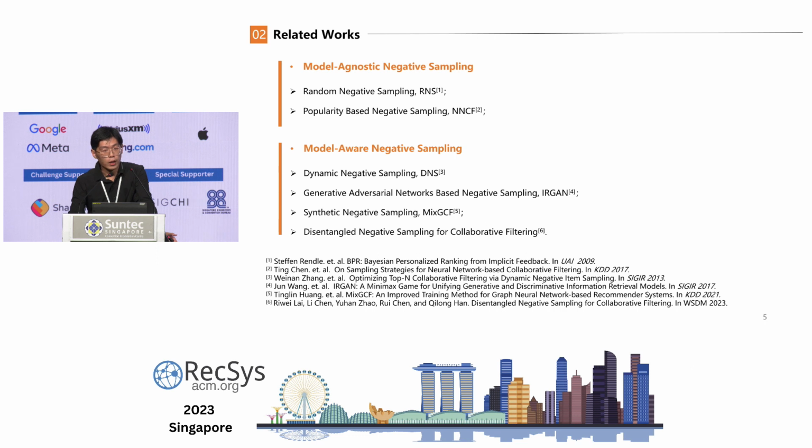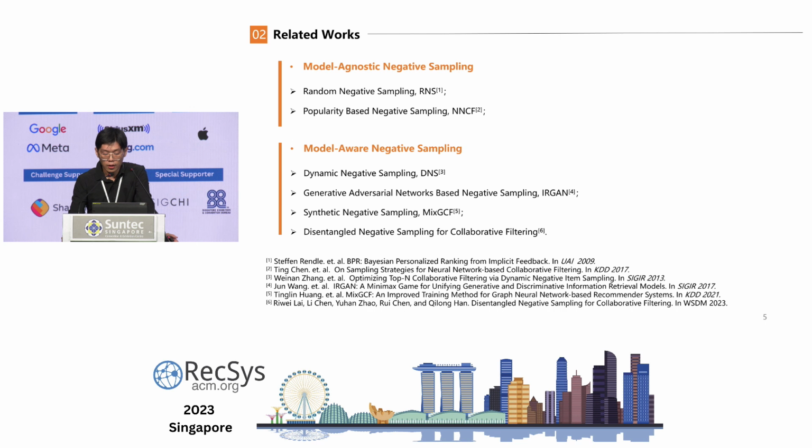So far, about 2 lines of negative sampling methods have been proposed. The first is model-agnostic negative sampling. Such strategies are normally efficient since they do not need to be adjusted in the training. For example, RNS randomly selects items from uninteracted items with uniform distribution.